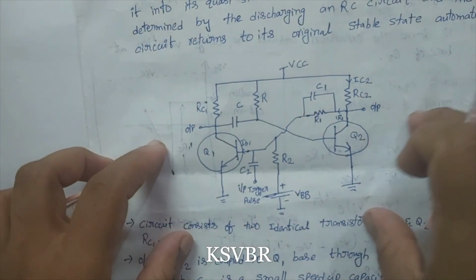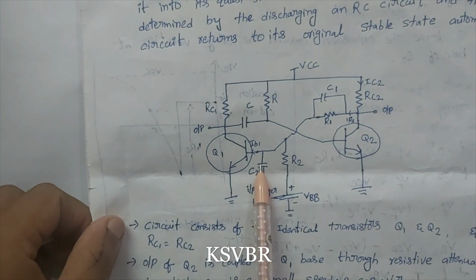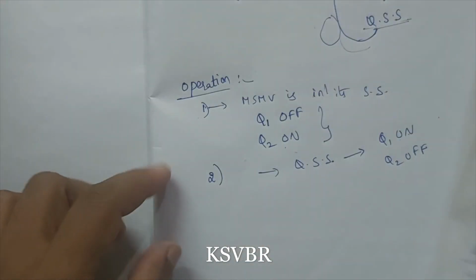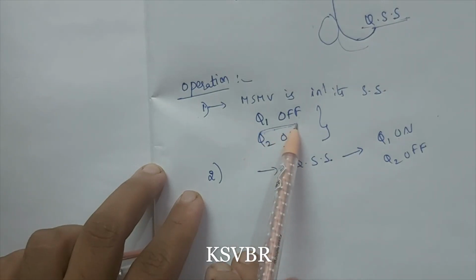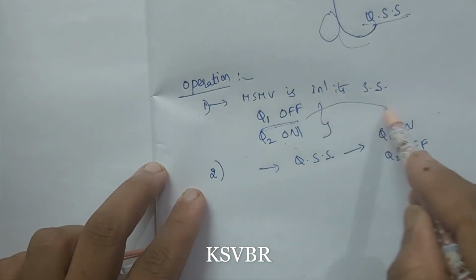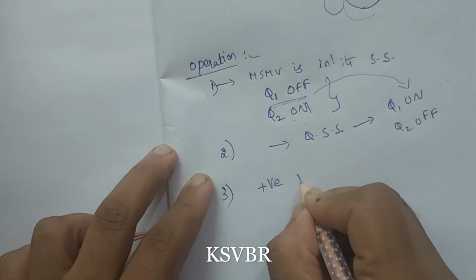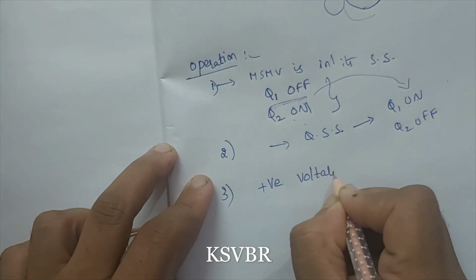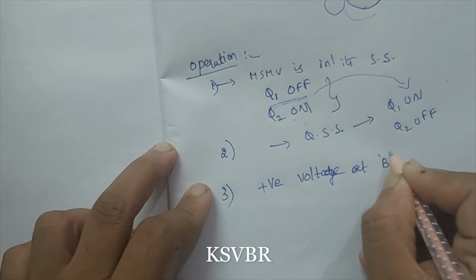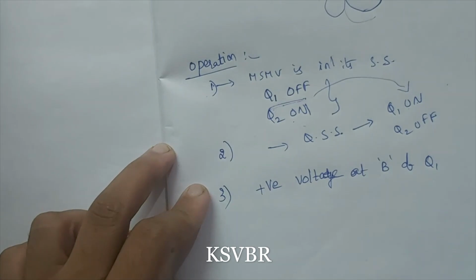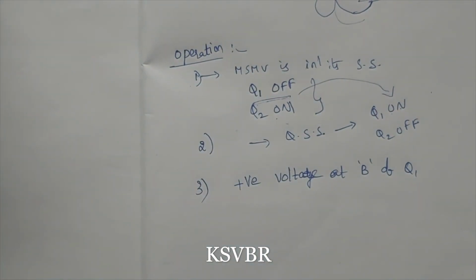If you see in this circuit, I am applying a trigger pulse at the base of Q1. The present state of Q1 is off. To make Q1 on, I am going to apply positive voltage at the base of Q1 transistor.